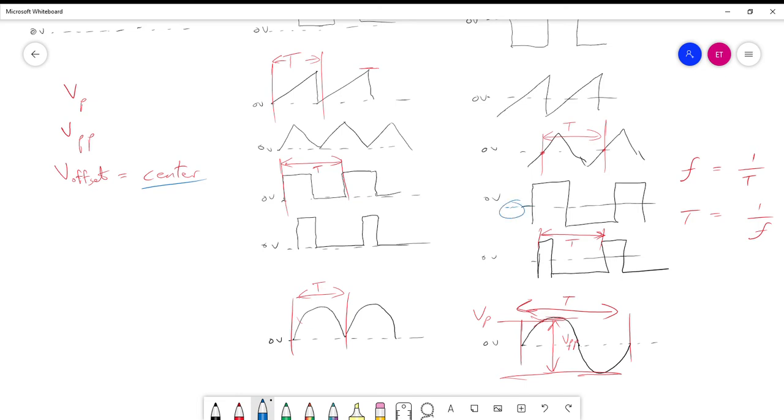Here's my center. It runs right down through. The waveform is centered on 0. So I would have 0 volts offset. There is no offset. But if I push the waveform off being centered on 0, however much I offset it, that's the offset. It's always the center, the midpoint between the two peaks.